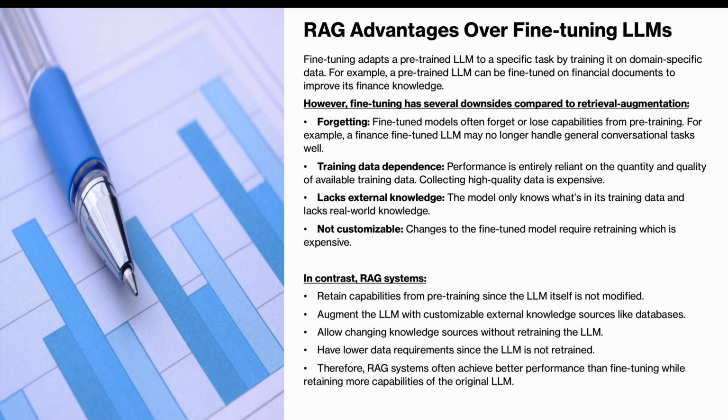So in RAG, we do not touch the LLM part. We create one vector database where, from the chunks of data sets, we take relevant information, and with the user query, we send it to the LLM. RAG systems have lower data requirements since the LLM is not retrained. Therefore, RAG systems often achieve better performance than fine-tuning while retaining more capabilities of the original LLM.